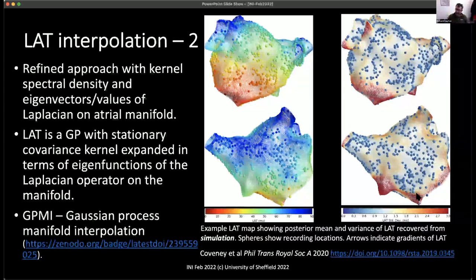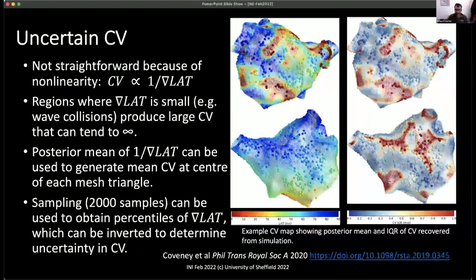So the next step is to get from these measurements of activation time to conduction velocity. And that, as I've mentioned before, is not straightforward because conduction velocity is the local gradient of activation time.